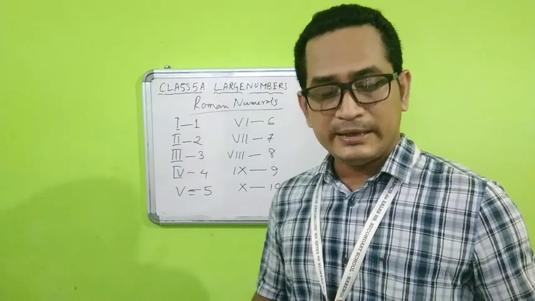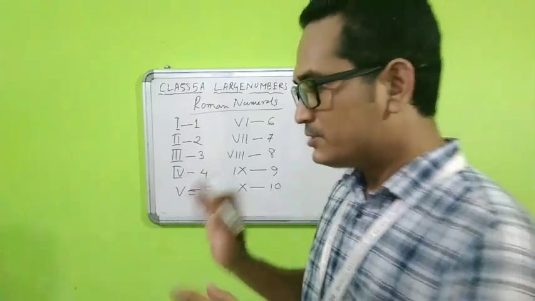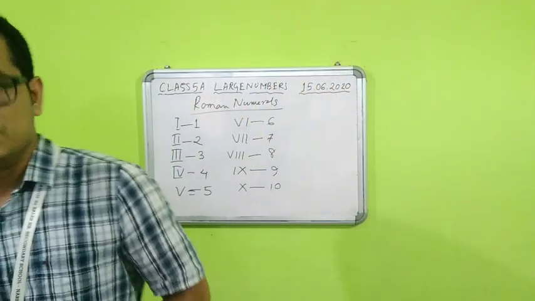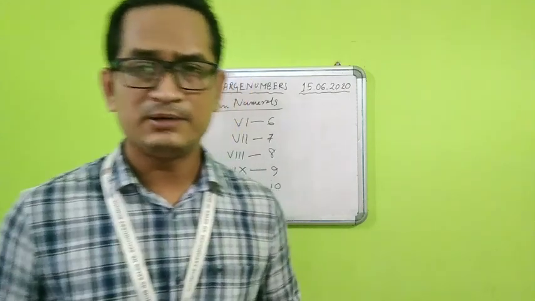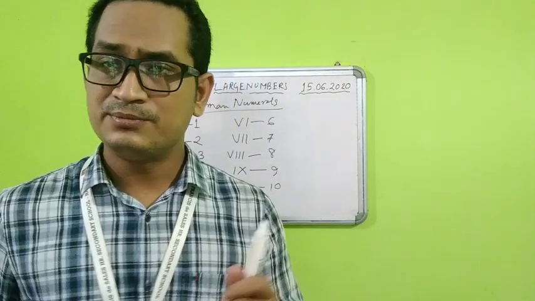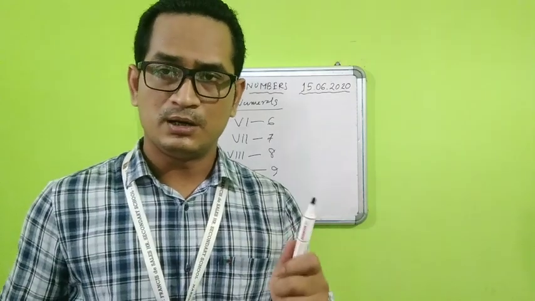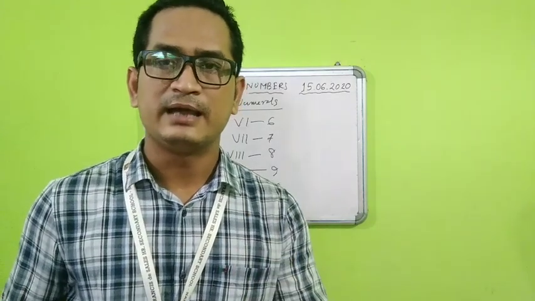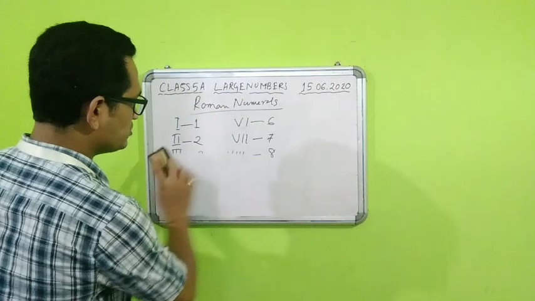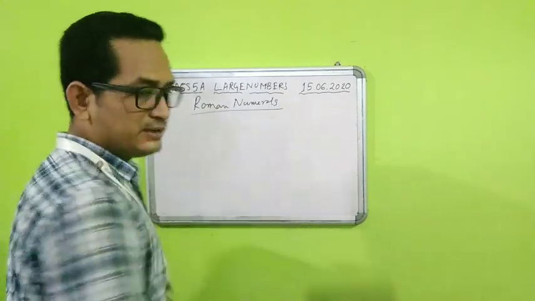Now we are going to learn in detail how these numbers will be written. There are some rules. You cannot simply write a number by using some letters. They have some fixed rules, and through those rules only you have to proceed. Let us discuss those rules now, one by one. There will be basically 4 rules.